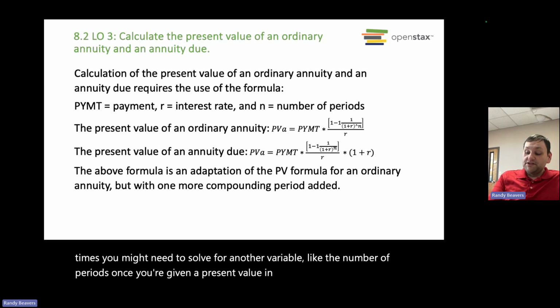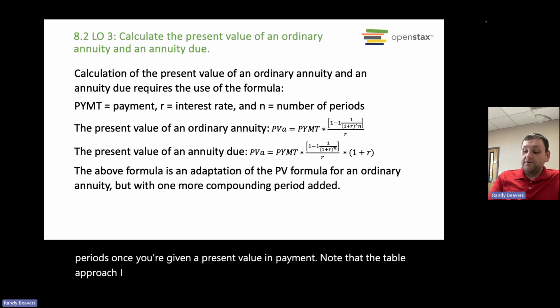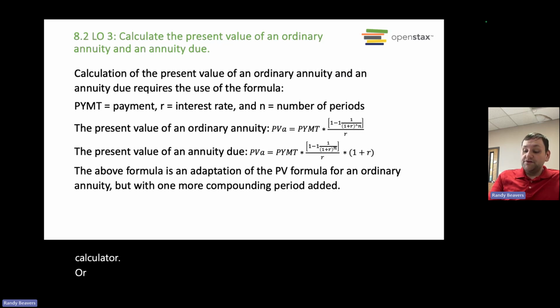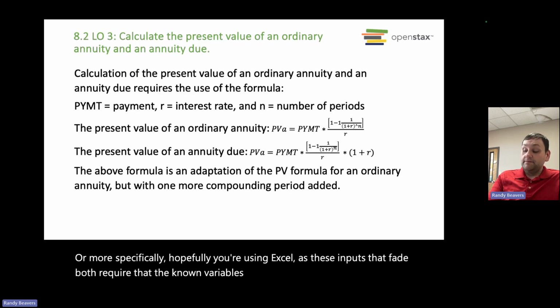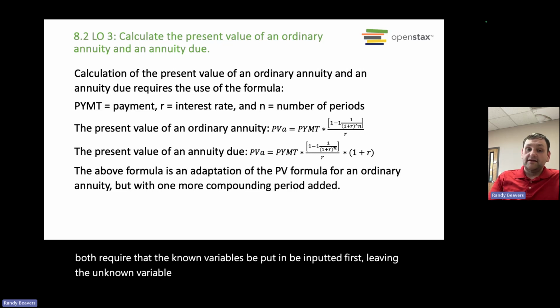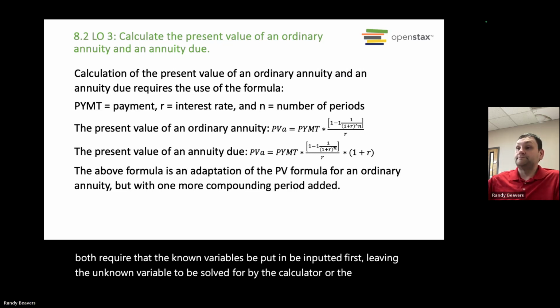Note that the table approach I just described is particularly helpful if you're using a financial calculator, or more specifically, hopefully you're using Excel, as these inputs require that the known variables be inputted first, leaving the unknown variable to be solved for by the calculator or the software function.